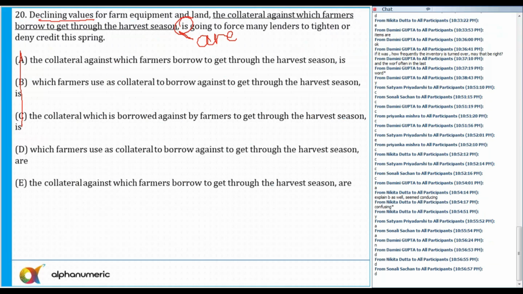Declining values for farm equipment and land.